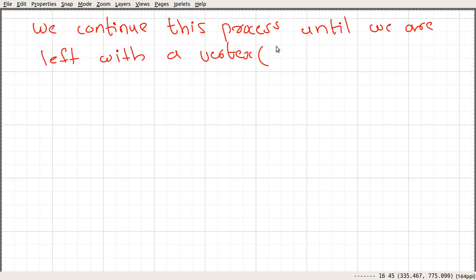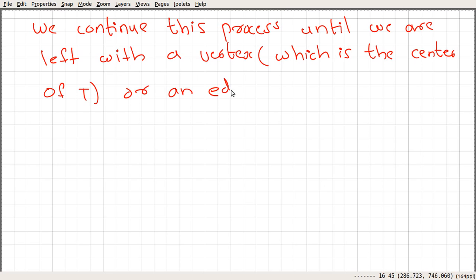In that case, that vertex will be the center of T, or an edge. In that case the endpoints of this edge will act as the center, and again we can see that they are connected by an edge, so they are adjacent.